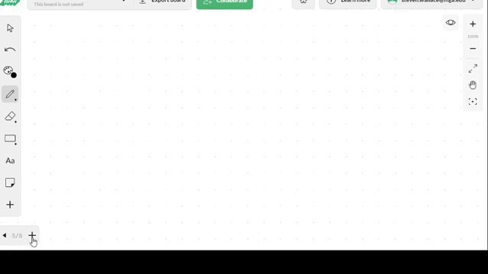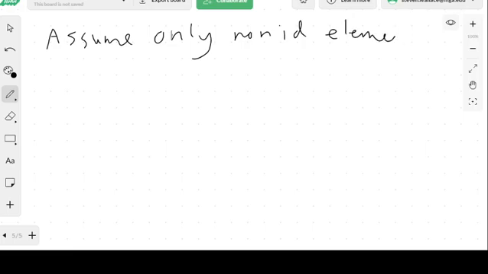Now assume only non-identity elements have order 2 or 3.